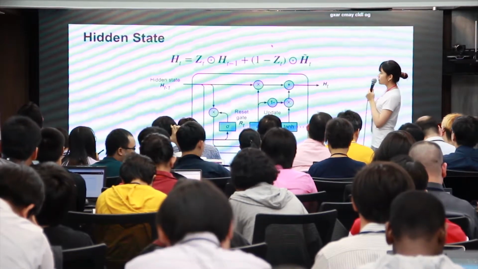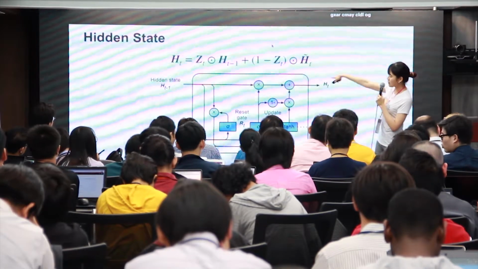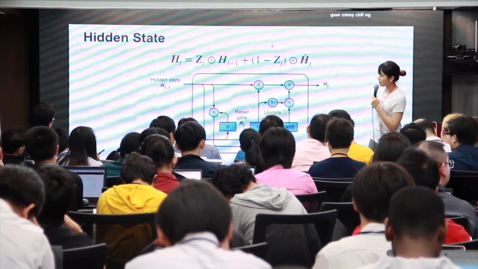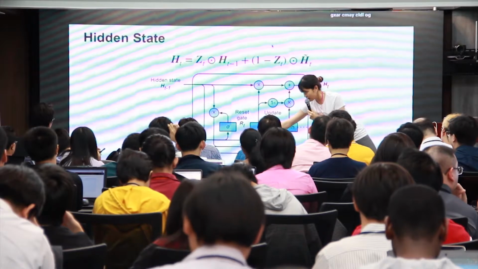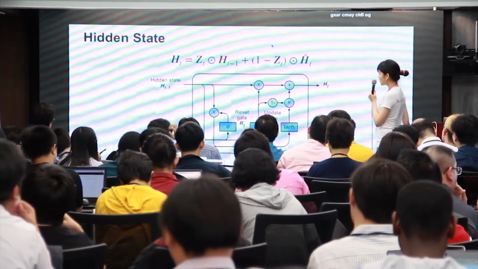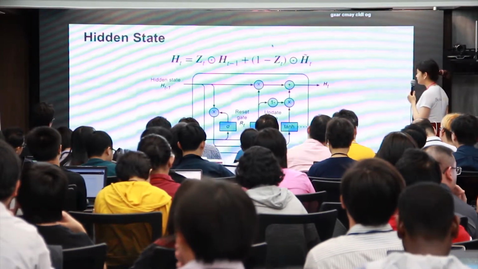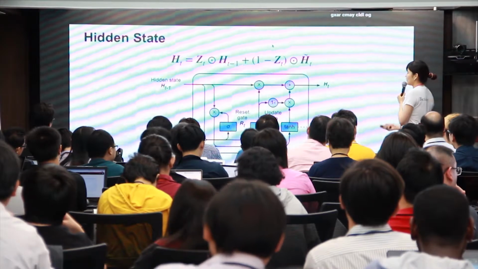And that is the new hidden state that just comes out from this cell. You can see the hidden state coming in horizontally, and there's an input coming in from the bottom of the cell. You do a bunch of math calculations, and you get the new hidden state. But we haven't finished yet.